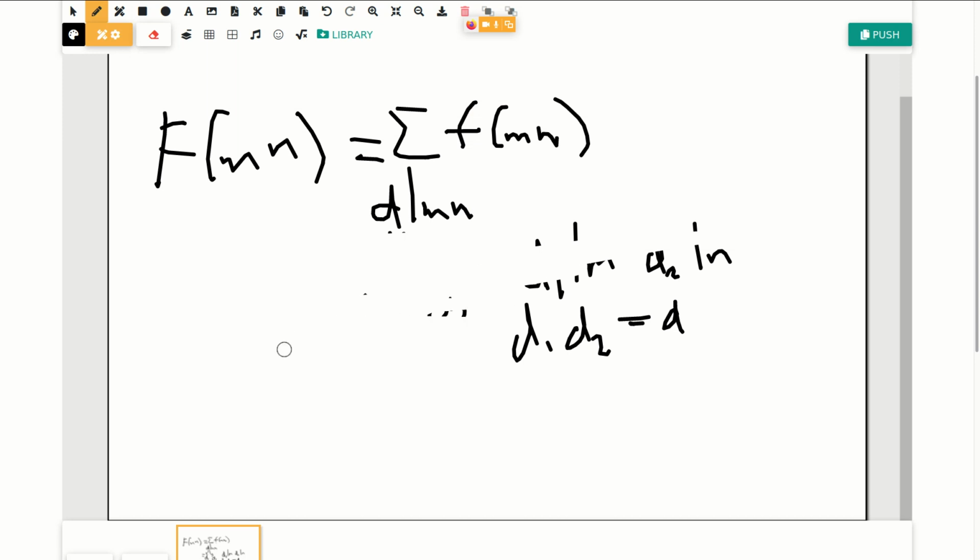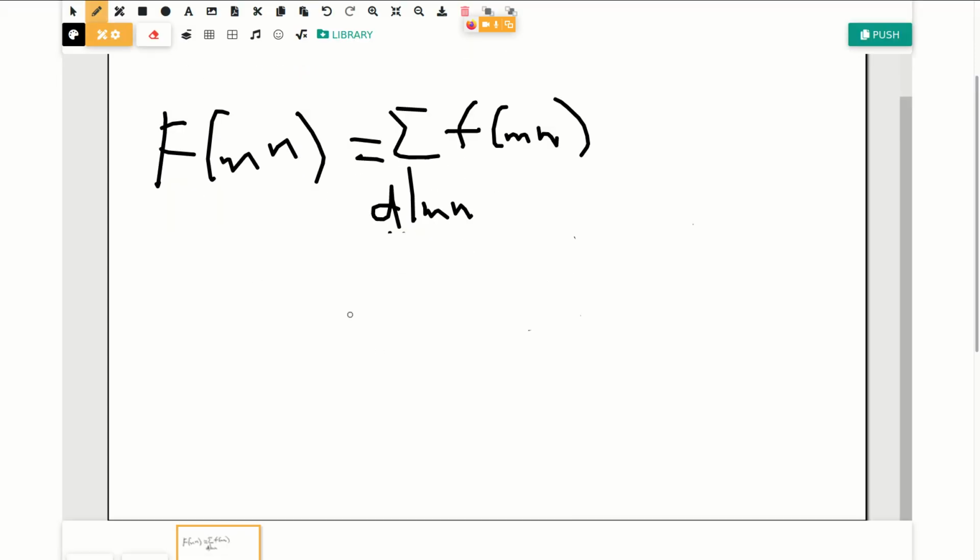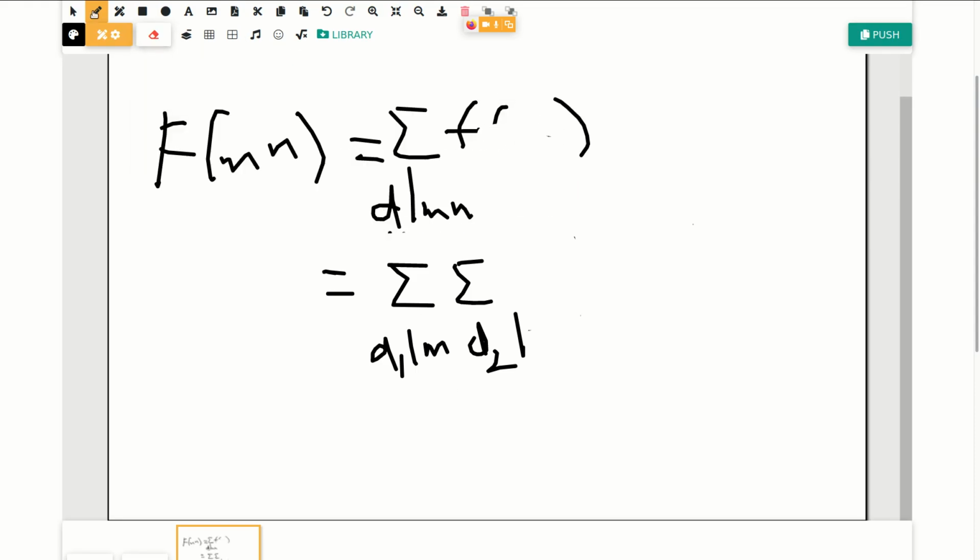So we'll express this sum in a different way now. The sum turns out to be the sum over d1 that divides m and the sum over d2 that divides n, I'm sorry, this should have been d over here, I made a mistake there, of f(d1 d2), which becomes f(d1) and f(d2).